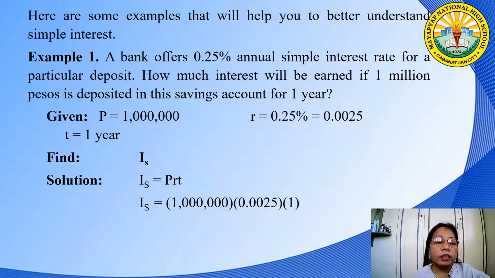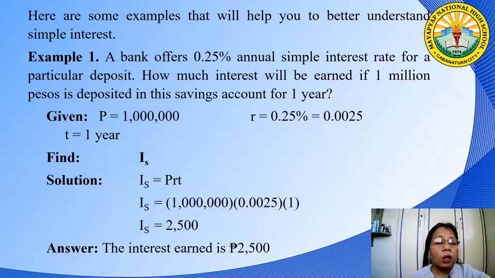So by substituting all the given values in the formula, P, 1 million pesos, times the rate of interest, which is already converted to decimal number, that is equal to 0.0025, multiplied by the given year 1. So the interest for 1 year is 2,500 pesos. So thus the interest earned is 2,500.